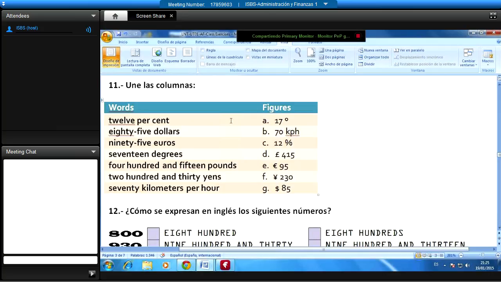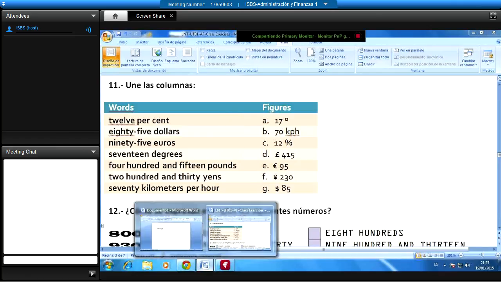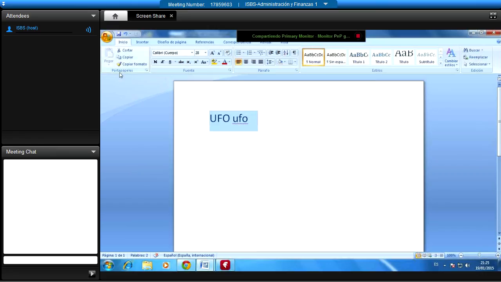This is 415 pounds. Pounds, or in more formal English, how do you say pounds in formal English and in informal English? Sorry? That's the fraction. Look, 1 pound is 100 pence.